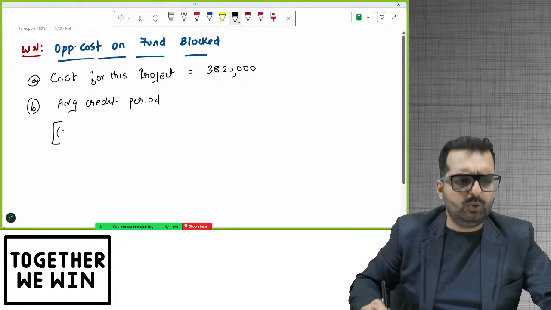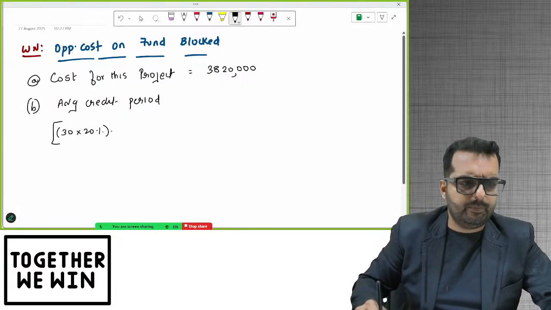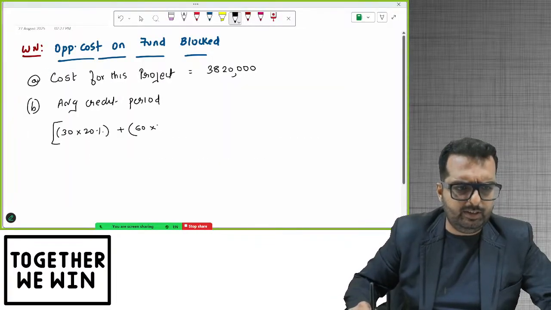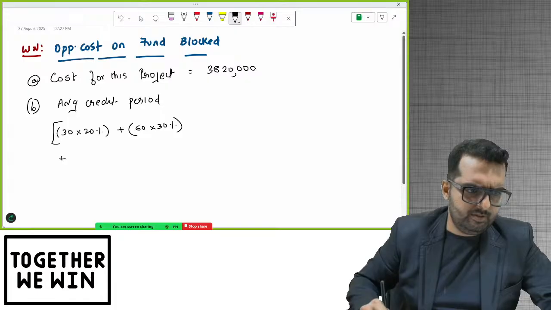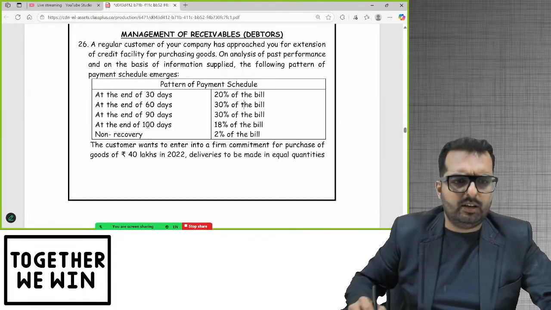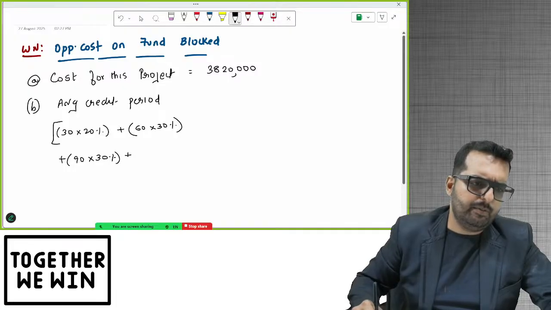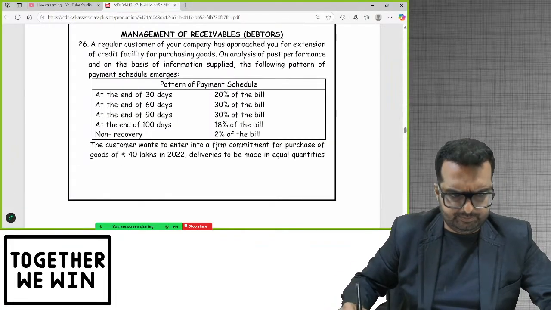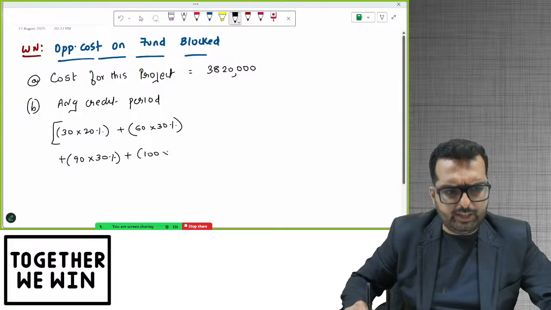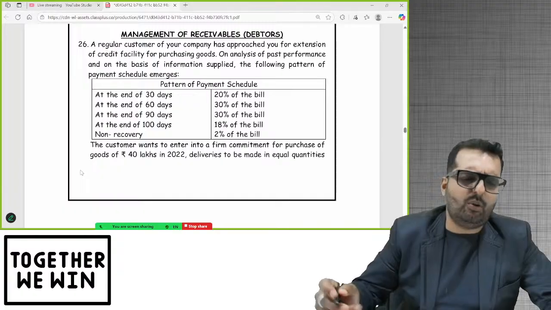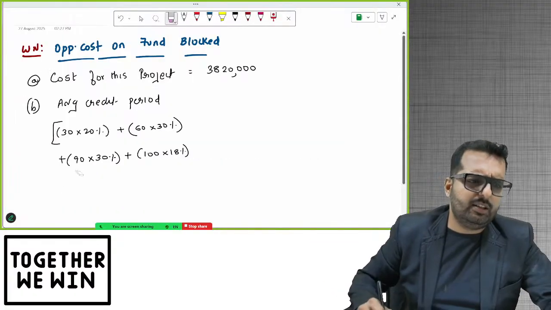It will be 30 into 20% plus 60 into 30% plus 90 into 30% plus 100 into 18%, plus non-recovery we don't have to consider, that will be 0.